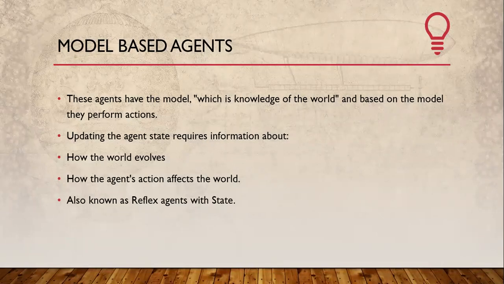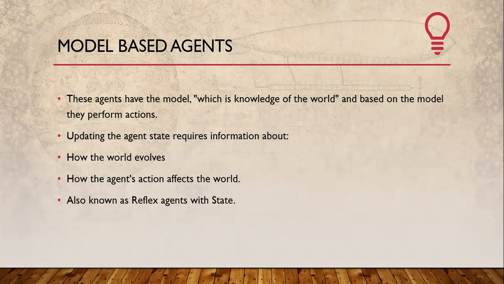How the agent's action affects the world is also very important. Let's say the agent decides on an action, and how is that going to affect the world? Whether it will have a positive impact on the world, or maybe an opposite effect on the world. That is very important to know before we understand the agent state.